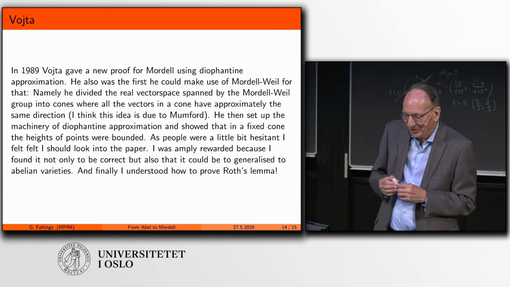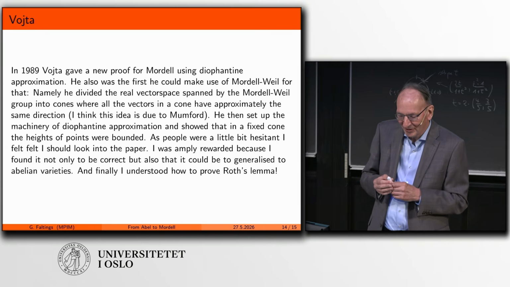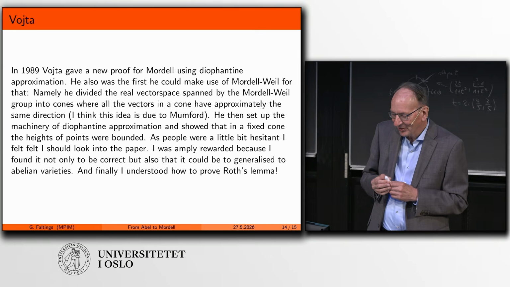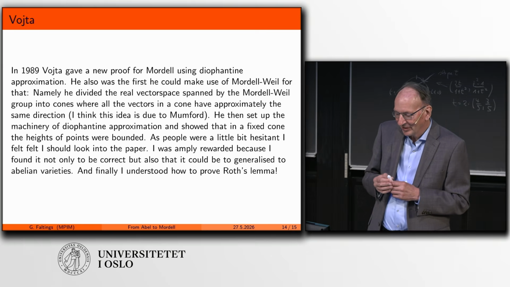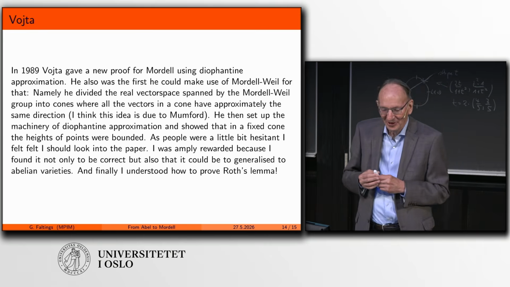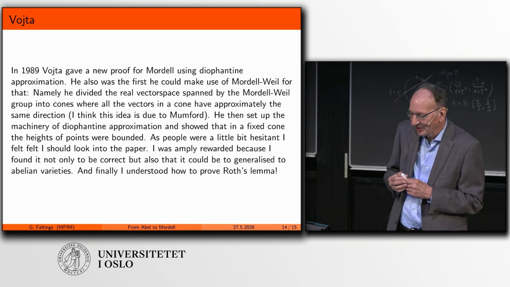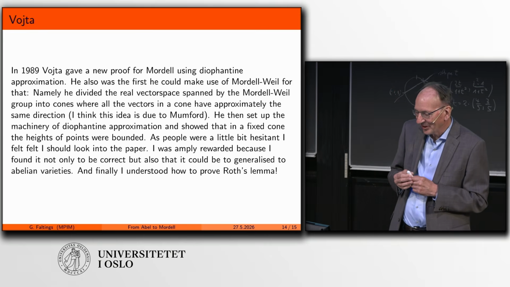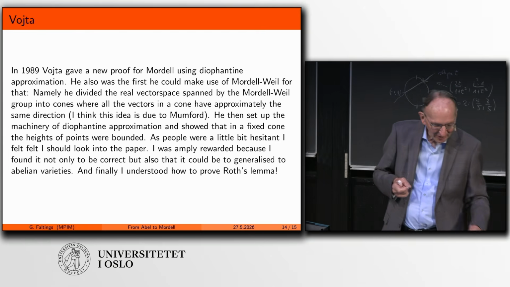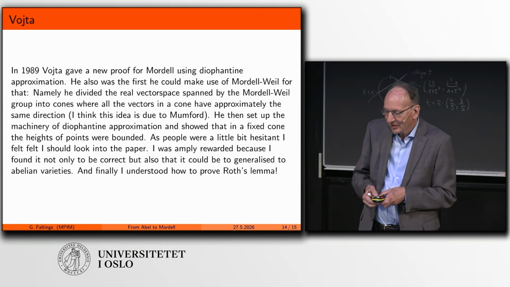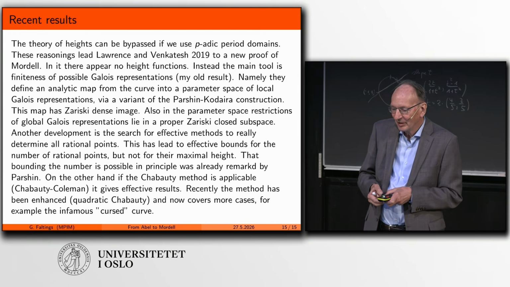And so I tried to do a good deed, but I was rewarded, because then I found not only that it was correct, but that it could be done in more generality. And finally, I also understand how to prove the complicated Roth lemma.